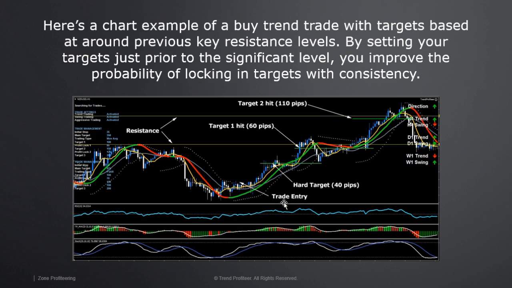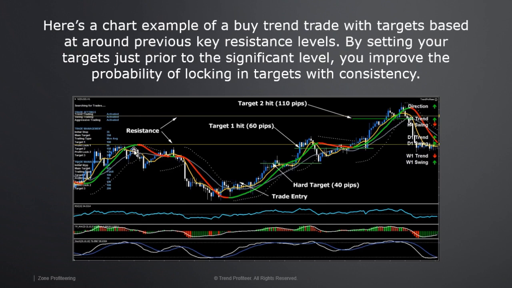So here we have the trade entry. We're looking at a buy trade here. We've got resistance here, tested again a couple of times here, and almost here again. And here we have another resistance level. Now, this one was actually based on a previous high earlier on.